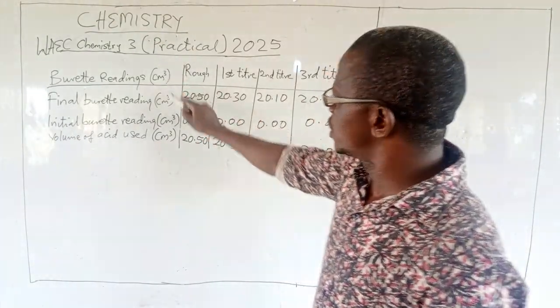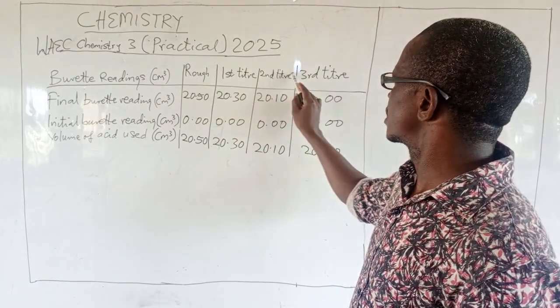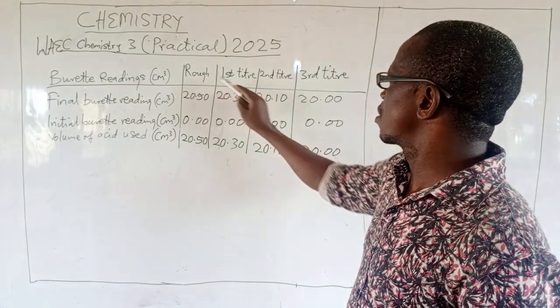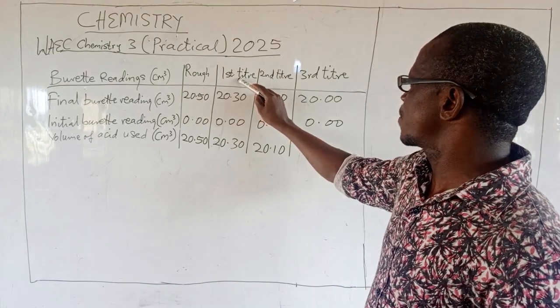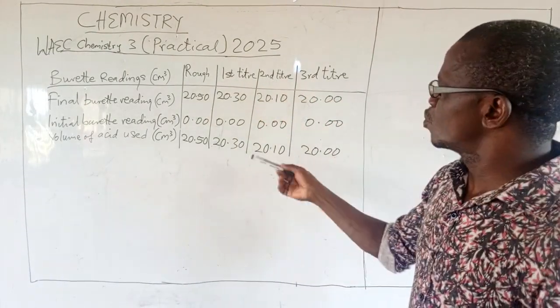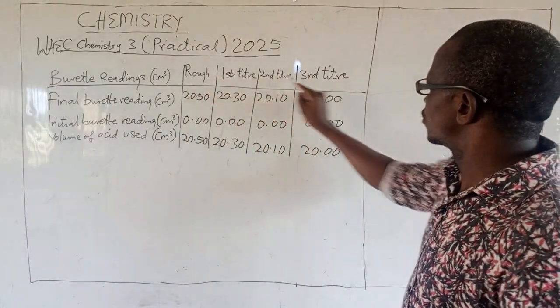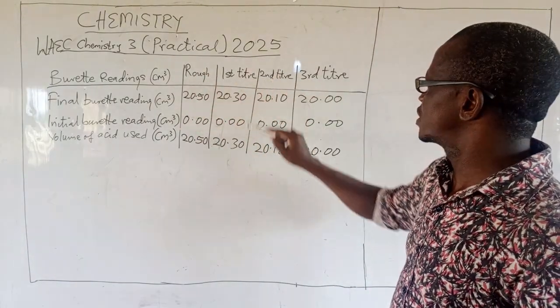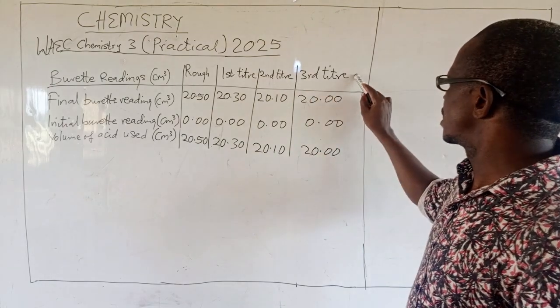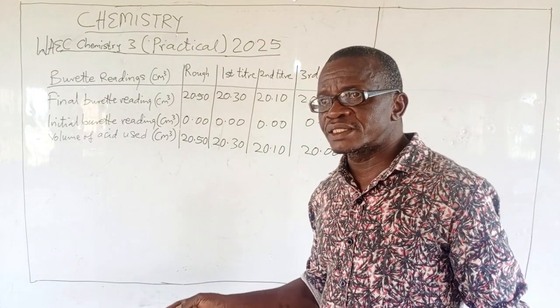If I don't want to put this cm cube here, I will put them here. This is rough work, first titre, second titre, third titre. So I may choose to put the cm cube down or in front of this rough, first titre, second titre, and third titre. It's still the same thing.